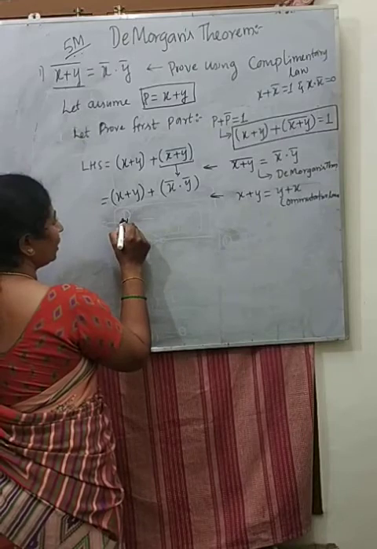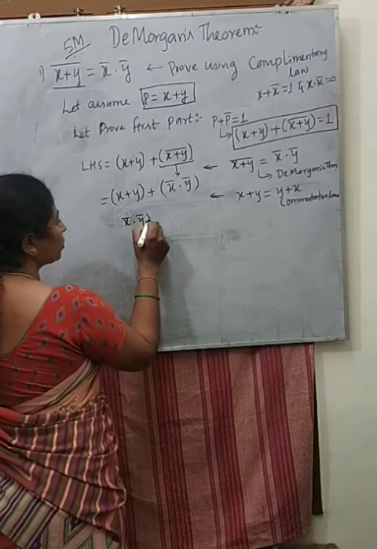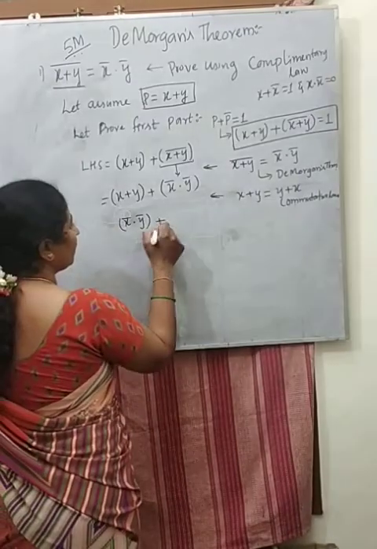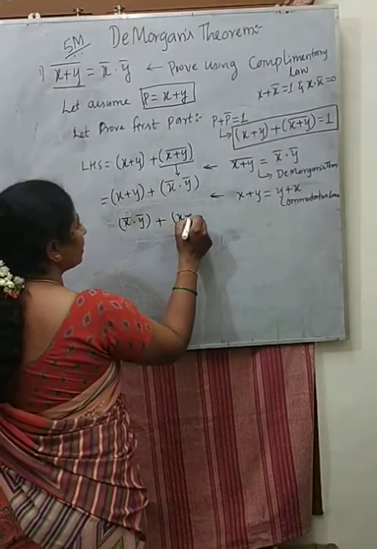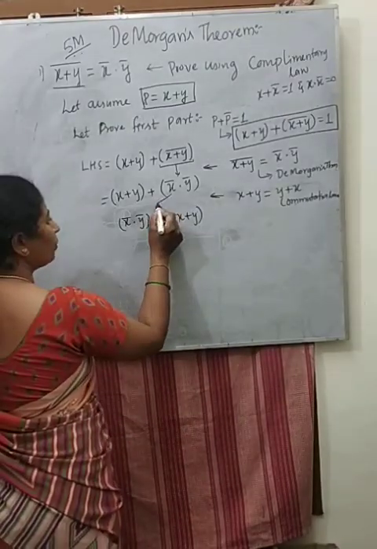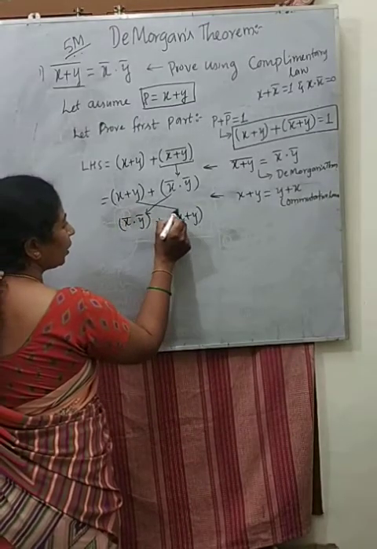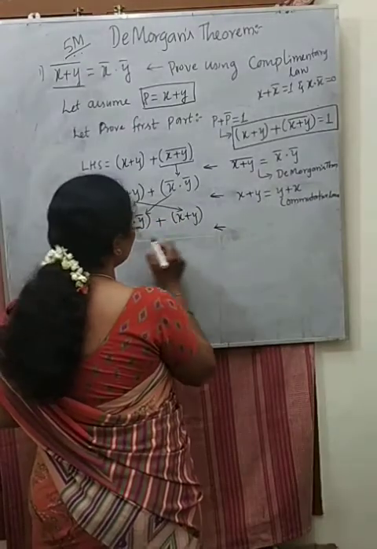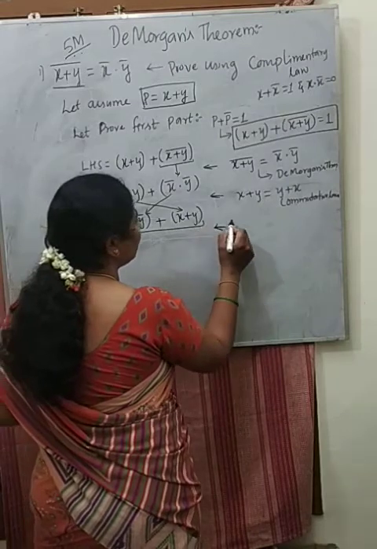So I am taking x complement into y complement as the first term, and continuing, the first term here in the second term. That means this has been copied over here, this has been copied over here. Now apply the distributive law completely.